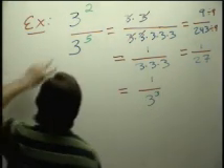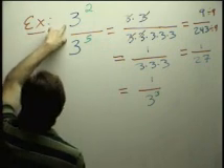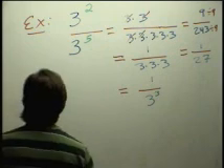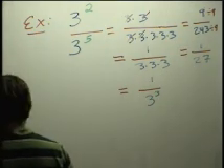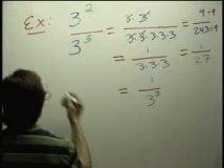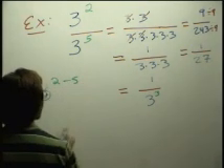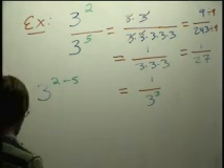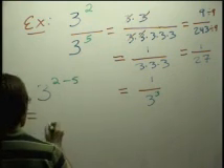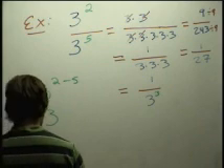Because we have a fraction here, and so we can apply the quotient rule. The quotient rule tells us that this should be equal to 3 raised to the power 2 minus 5. And of course, 2 minus 5 is going to give us negative 3.